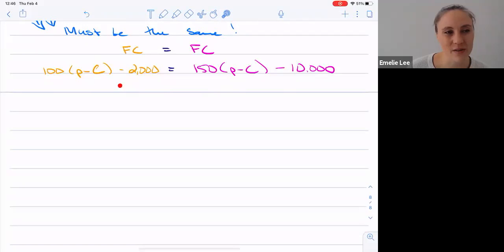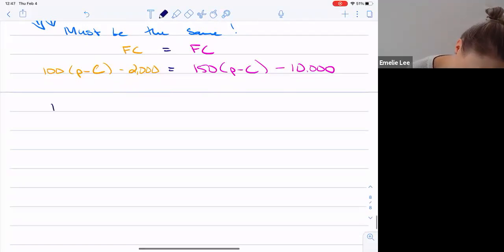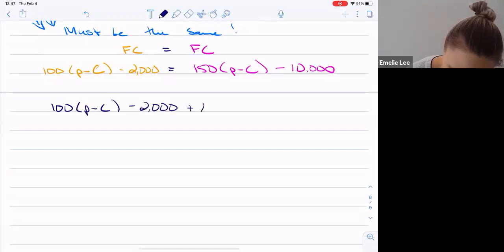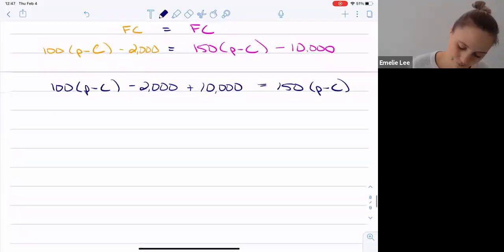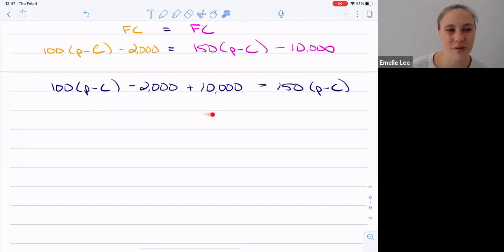I'm going to add 10,000 to both sides, just moving things around here. So I've got 100 times P minus C minus 2,000 plus 10,000 is 150 times P minus C. I'll subtract the 100 times P minus C over, right? Remember to treat P minus C as if it's one thing. It is just one value.